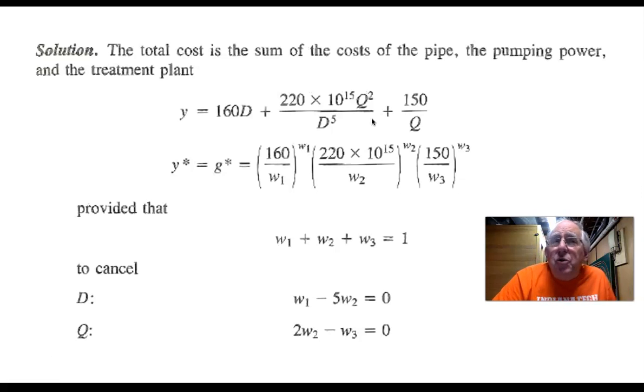So this is a two-dimensional problem such that the two independent parameters are diameter and flow rate; we can select our diameter, and we can also select our flow rate. The last term here, the 150 over Q, was related to the cost of the plant itself. So we have the pipe, the plant itself, and then the operating cost due to the flow and the size of the piping.